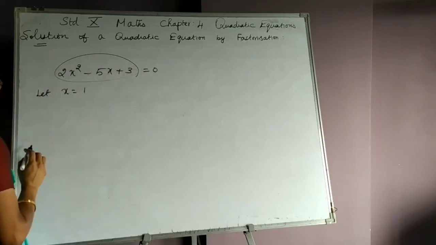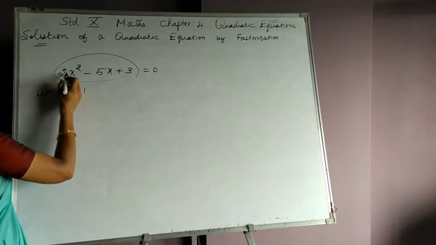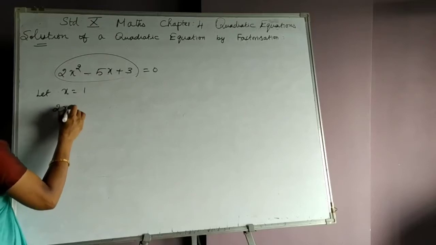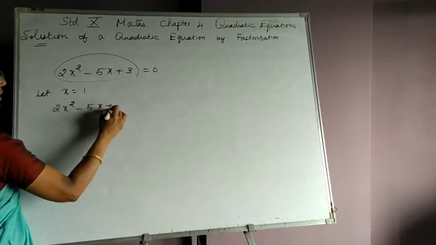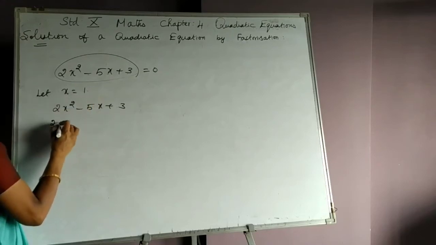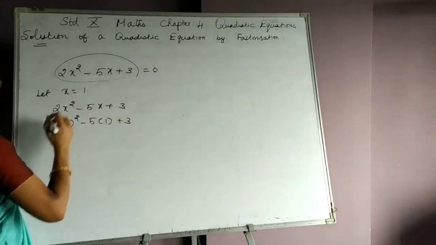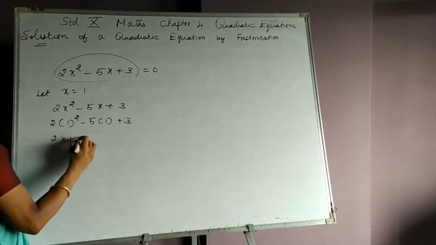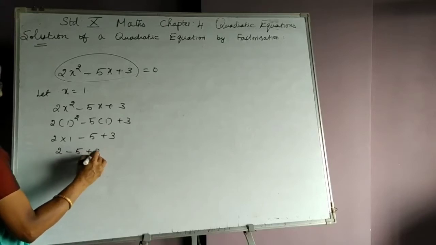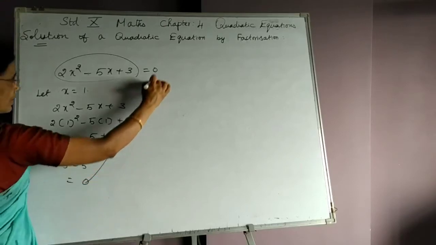So solution or root or zero means it is the value of x which makes this equation equal to 0. So let us substitute whether x equal to 1 is a solution or not. I take only the left hand side, 2x square minus 5x plus 3. We put x equal to 1 here. So 2 into 1 square minus 5 into 1 plus 3. So it is 2 into 1 minus 5 plus 3. 2 minus 5 plus 3 becomes 5 minus 5, which is equal to 0.